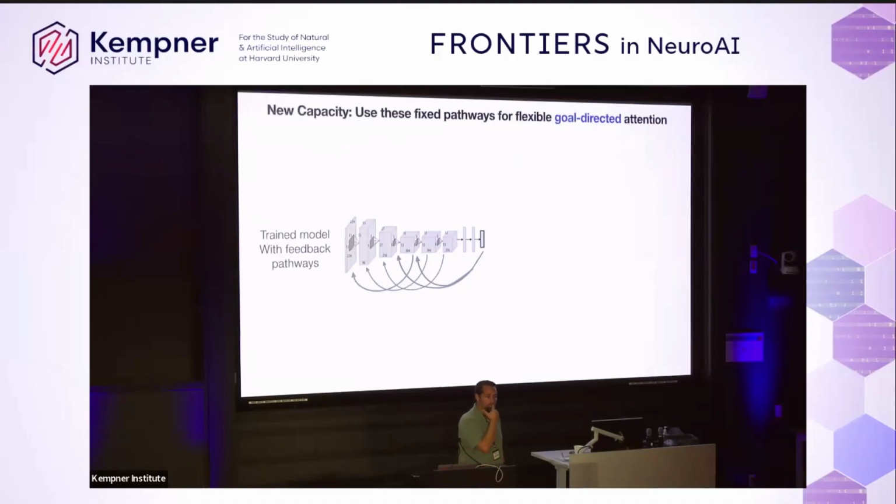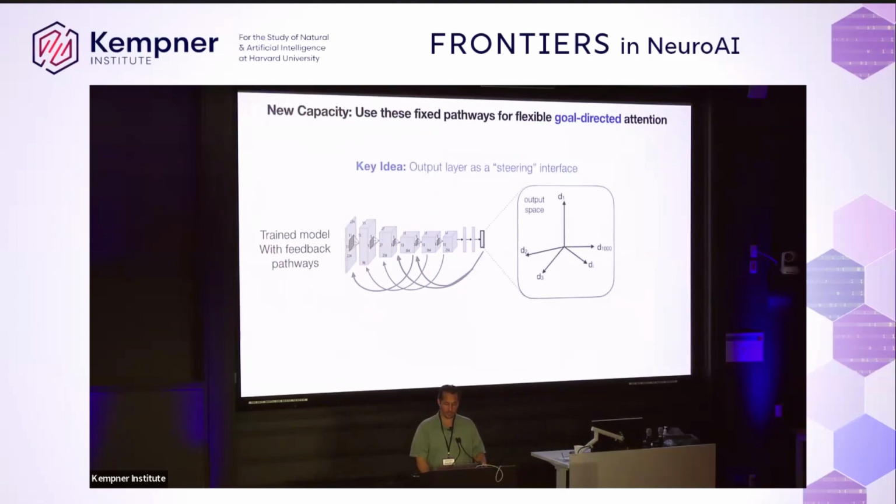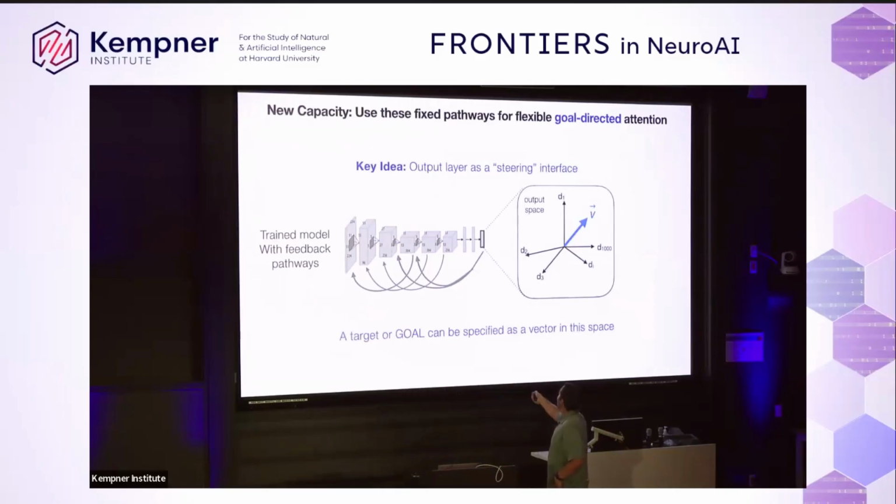But what we were hoping is that now we have an interface where we can take goals, a goal representation of some kind, and use it to modify the early responses of the model. So here's the basic idea. We have the output space of the model we can think of as a space in which we could instantiate different goals as a vector in that space.